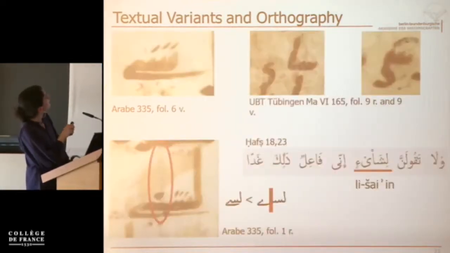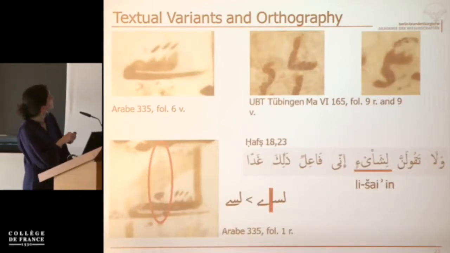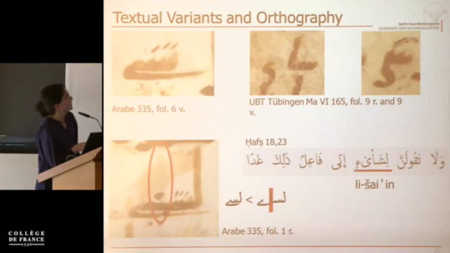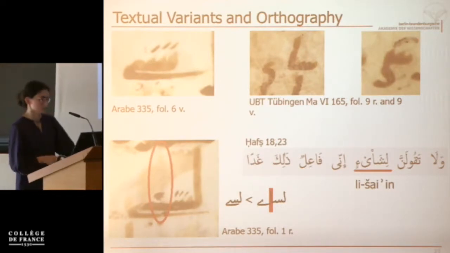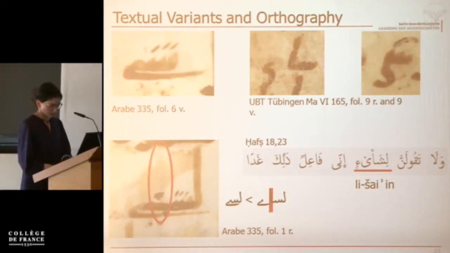Normally we have this writing with Shin and Ya, but here I found an example where we had the Alif and it was erased later. Interestingly, in Hafs we also have Alif li Shai in. So it seems that the corrector or the scribe just wanted to adjust the spelling to the standards of the Codex.